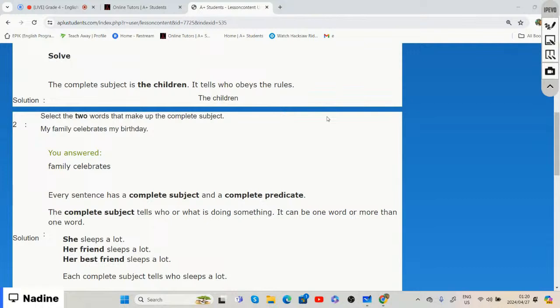We need to select two words in that sentence that show a complete subject.